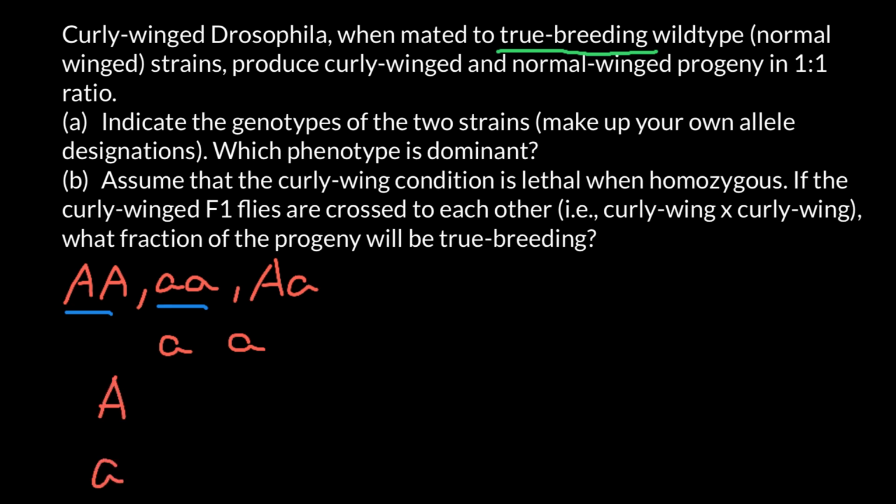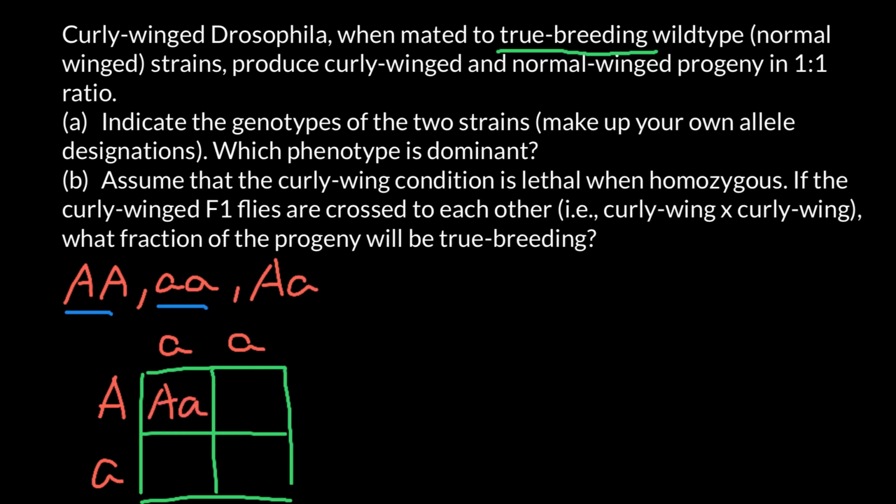to a dominant mutation. So if you build a Punnett square, you would see that in the progeny we can expect the following genotypes: capital A, small a; capital A, small a; small a, small a; small a, small a.